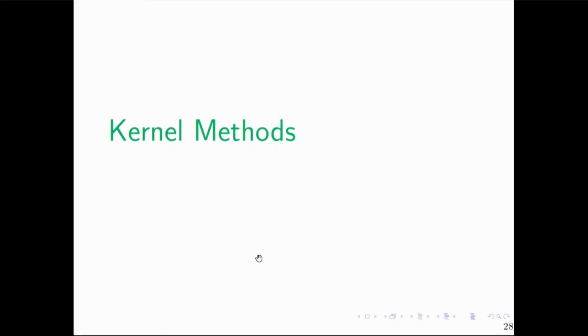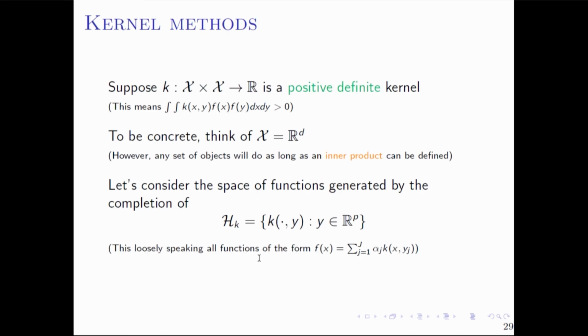So now we are slowly getting into the kernel methods. Kernel methods are like this: we want a function that will somehow give an inner product between two samples, maybe in the original space or in some higher dimensional space.